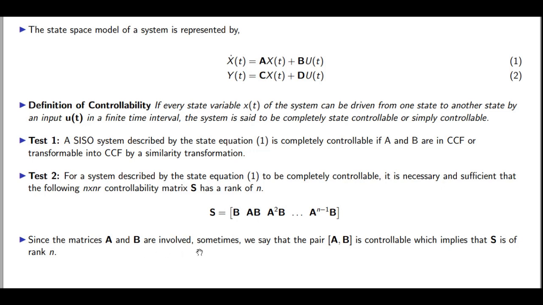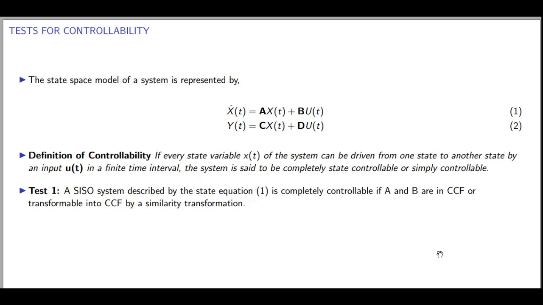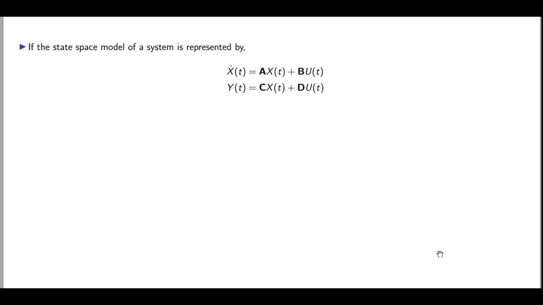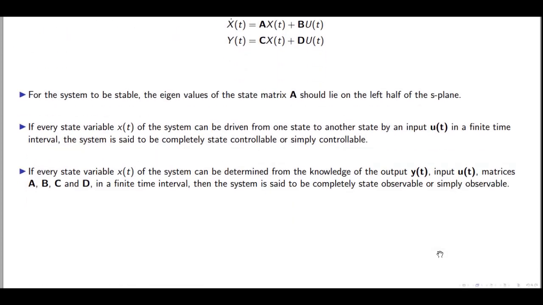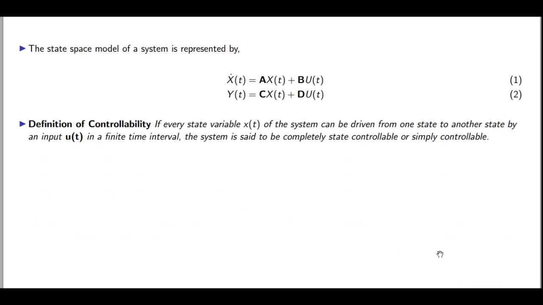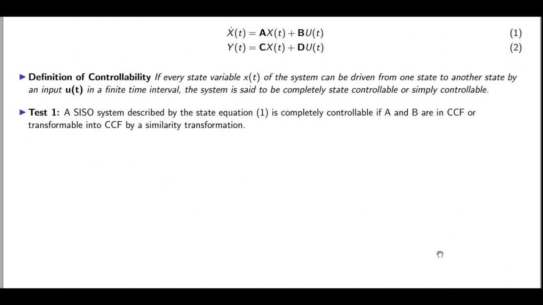Since A and B are involved, sometimes instead of saying that the system is controllable, we say that the pair A comma B is controllable, which implies that the matrix S has rank n. So this is the test for the system to be controllable.